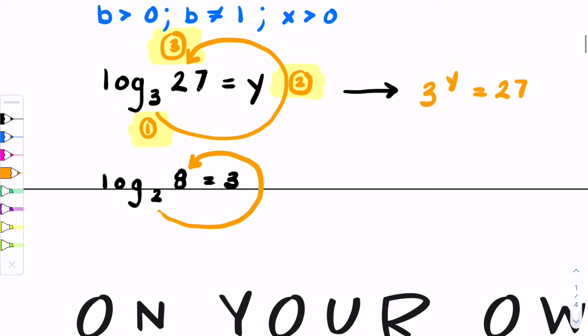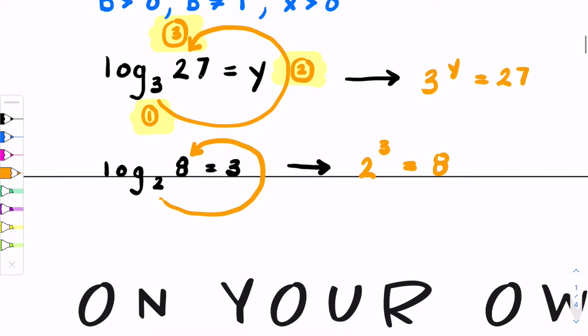The first location that I started drawing my circle from is 2. Then I draw by 3, and my last part is 8. And you can just check this, so see if this is true. Is 2 cubed equal to 8? And you hopefully all say, yes, it is, so that is correct.